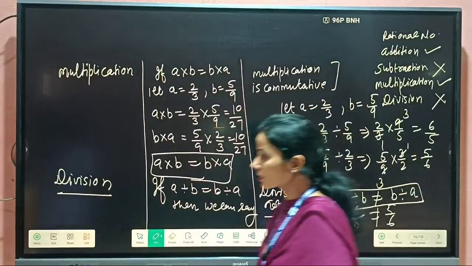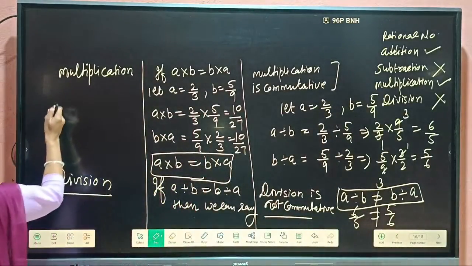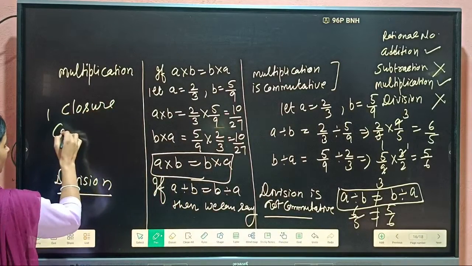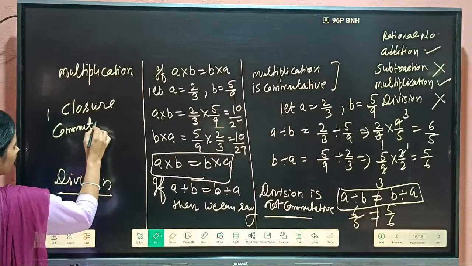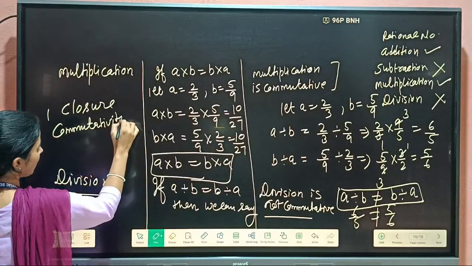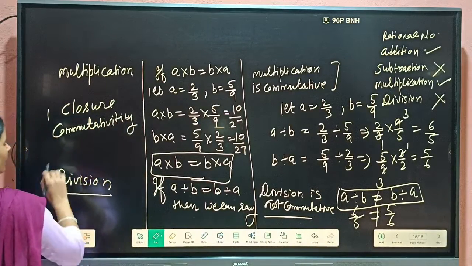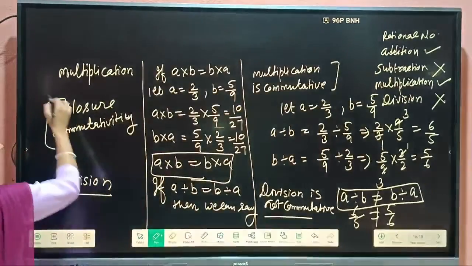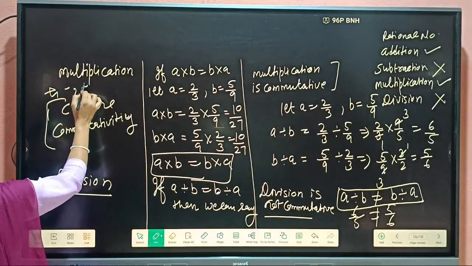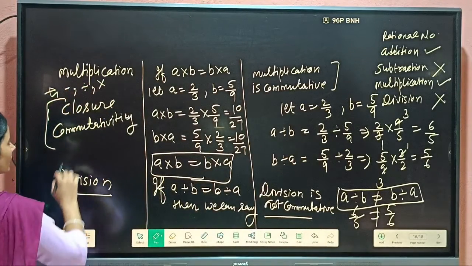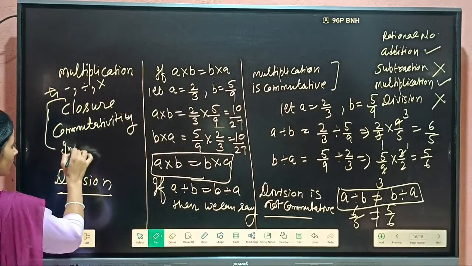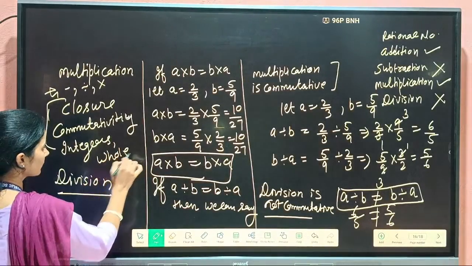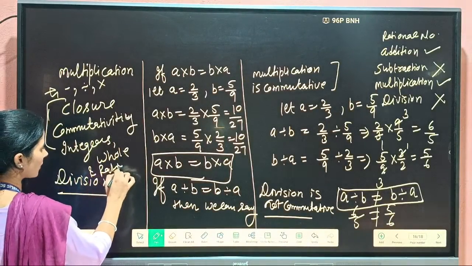We discussed closure property and commutativity property under four operations, addition, subtraction, division and multiplication, in case of integers, whole numbers and rational numbers.